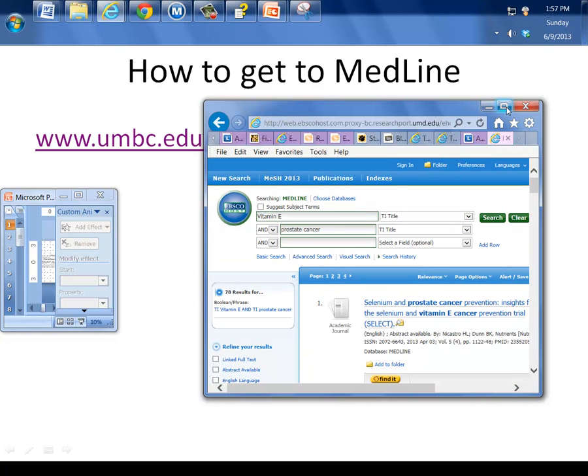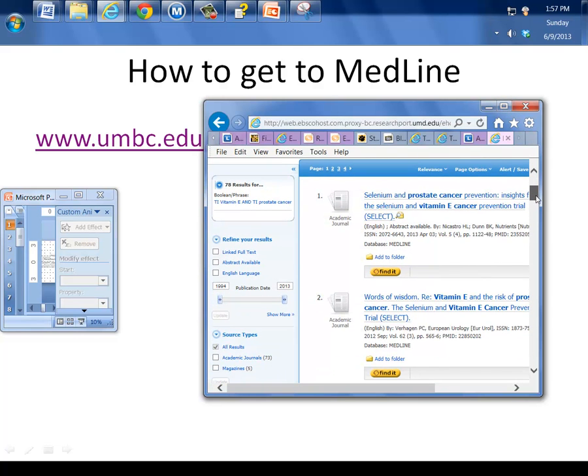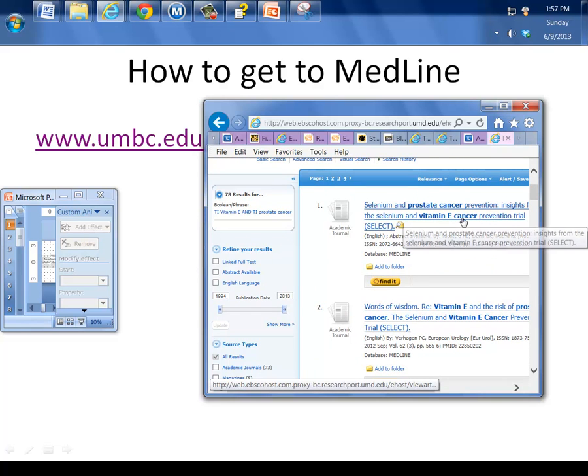Okay. So when I did that search, I ended up with 78 different articles. And you can see that each one of these sources says academic, which means scholarly journal. So that's great. Each one of these hyperlinks, in turn, will take you to the abstract for that particular article.